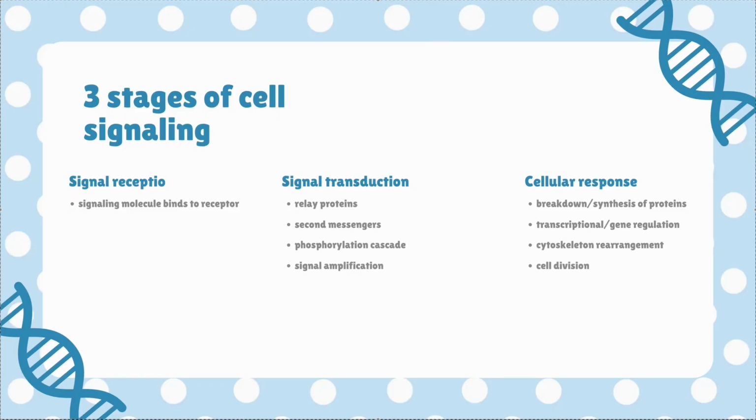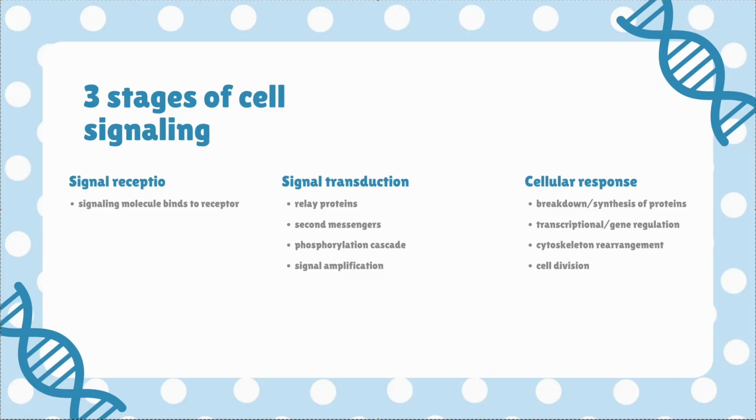And then signal transduction occurs inside the cell. Now, signal transduction is important in water-soluble ligand messaging, but if the signaling molecule is fat-soluble, usually signal transduction does not occur because, as we will explore later.